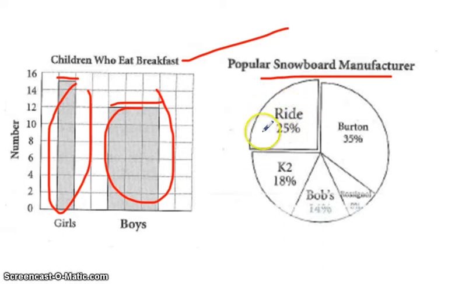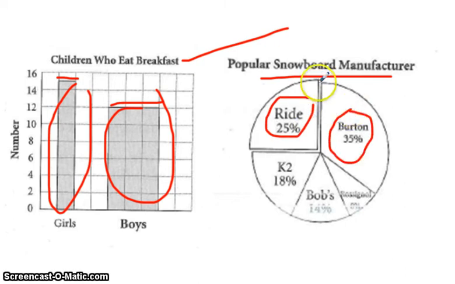You can see that the font on this is actually bigger than the font over here for Burton. Okay, and this is separated along here from the rest. So when you quickly look at it, your attention is drawn to here. But if we were trying to see which one was the most popular, well, Burton should be the one that's separated from the rest of the pack because that's it. That's the most popular one.